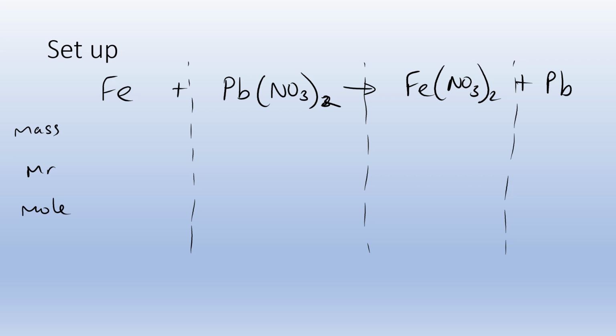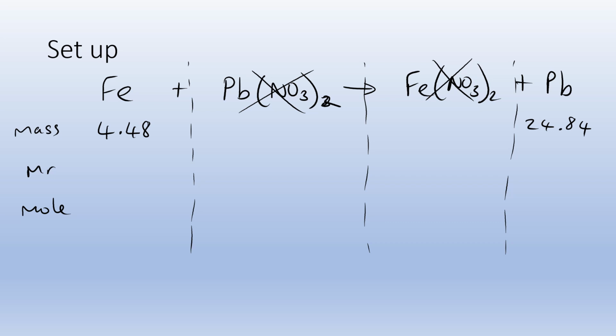So it told us we had 4.48 grams of iron, and it told us that we made 24.84 grams of lead. So we don't have any information about these. Okay, so for now I'm going to ignore them. I'm going to cross those out.